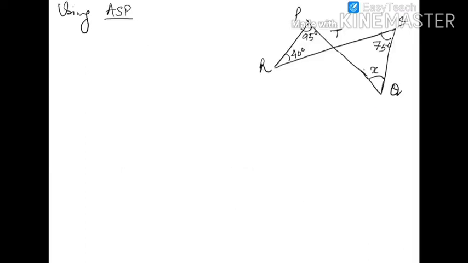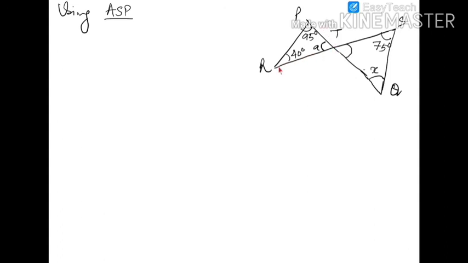The same question can be solved in a different way. Instead of using exterior angle property, we can use angle sum property to get the value of x. Let's mark angle PTR as A. So what can we say about angle STQ?